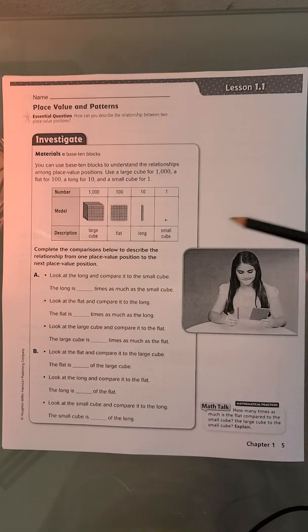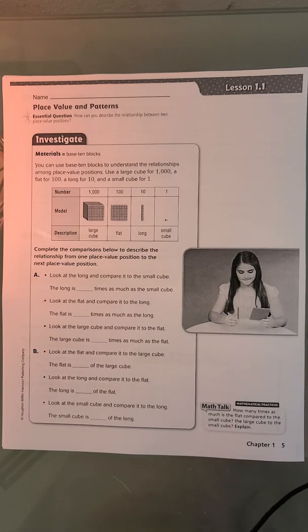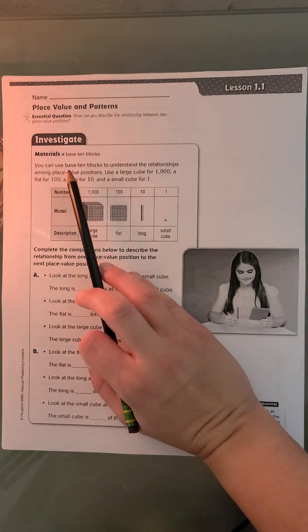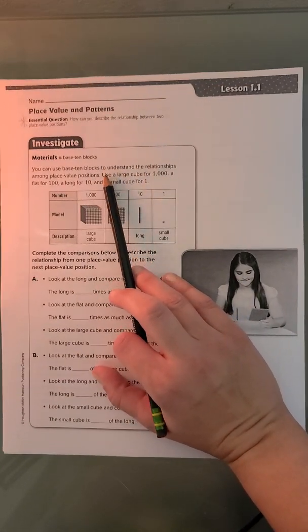So with you being at home, you're not going to have access to these manipulatives, so you can draw them, or they're just there for that representation. You don't have to have it in order to do this lesson. It says you can use base 10 blocks to understand the relationships among place value positions.